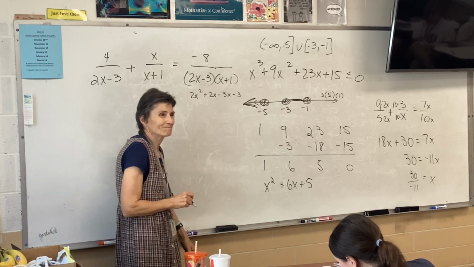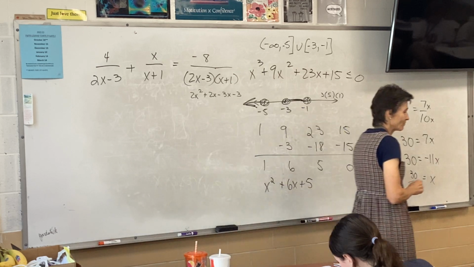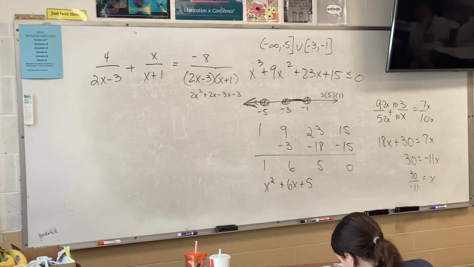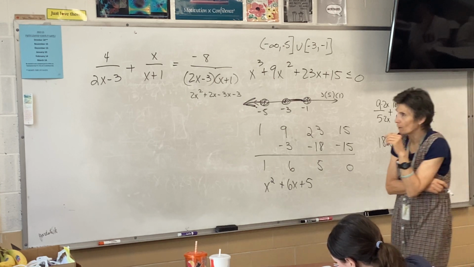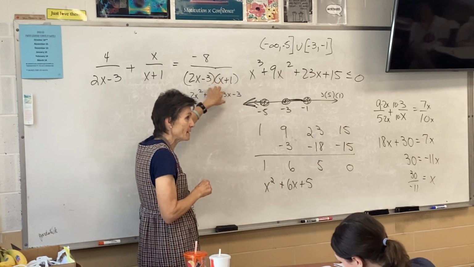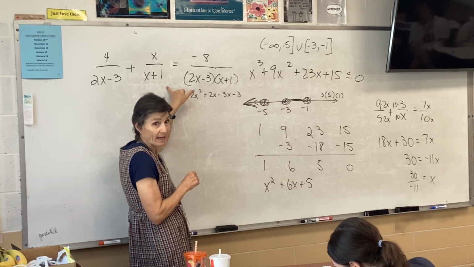Now, look at the next problem. What has to happen first in that next problem? We have to factor that last one. Now, remember I told you that in problems like this, it's very predictable. Almost always, when you factor that denominator, you're gonna get these as the factors.